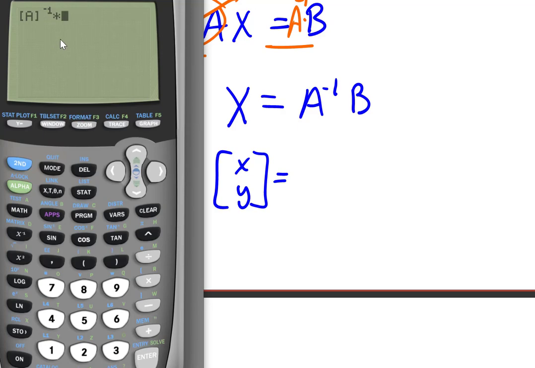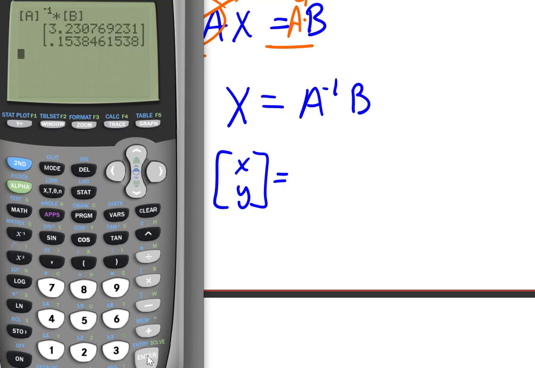By the way, in the TI-84 Plus, you don't even really need to put the times symbol. If you just smash two matrices together, it'll assume you want to multiply, but I'm just putting it there for clarity. Okay, so I want A inverse times matrix B, so now we'll go second matrix, and then I have, as I said, matrix B typed in, given as the B in this problem.